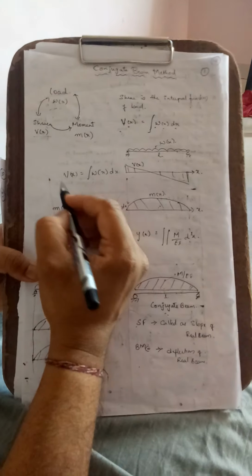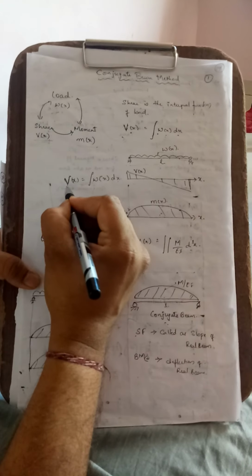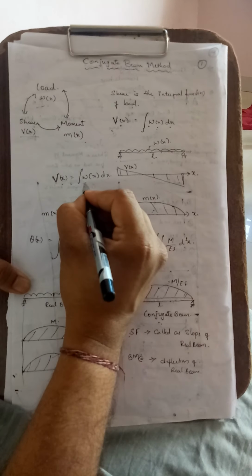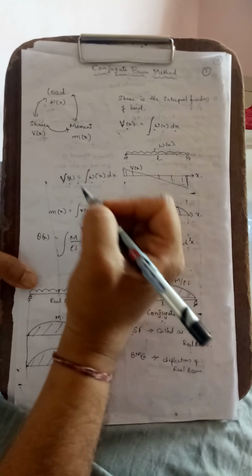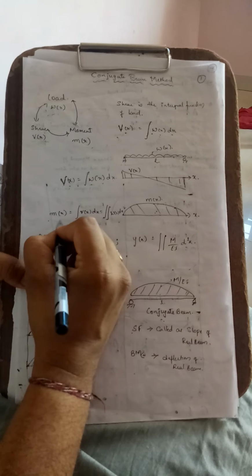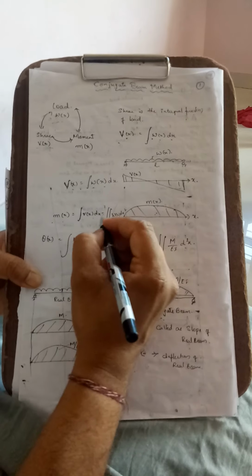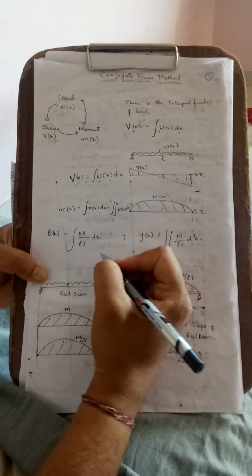Here you can see the shear force V of x is the single integral of load, whereas the bending moment is the integral of shear, that is the double integral of load.